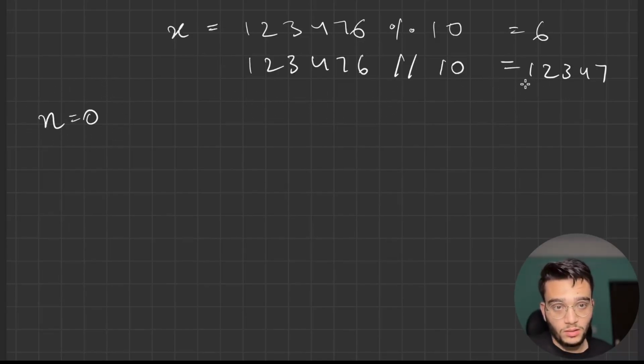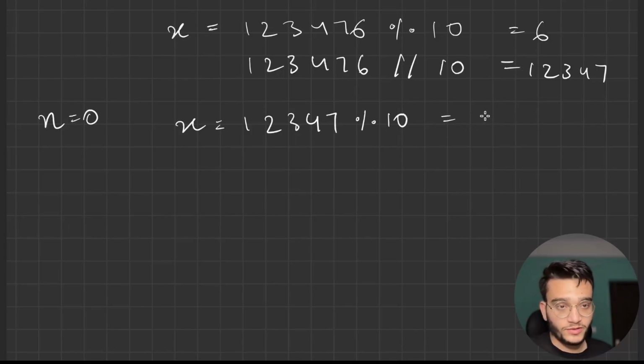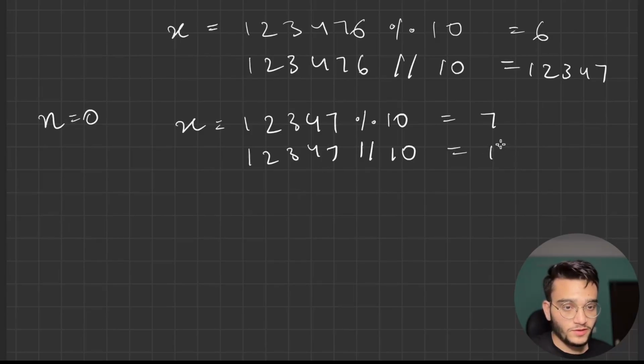So after this operation, your x would be equal to 1, 2, 3, 4, 7. Now again we would do modulo 10, which would give us 7, and we would do 1, 2, 3, 4, 7 integer division by 10, which would give us 1, 2, 3, 4.